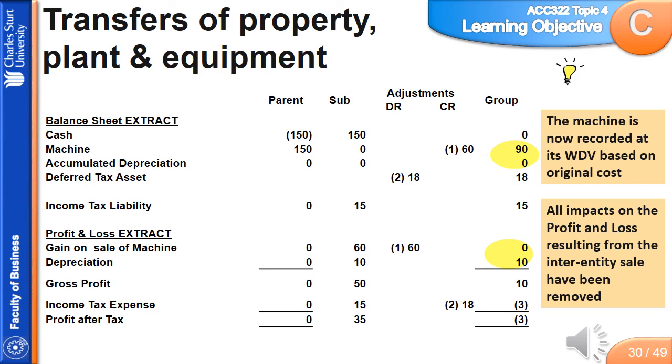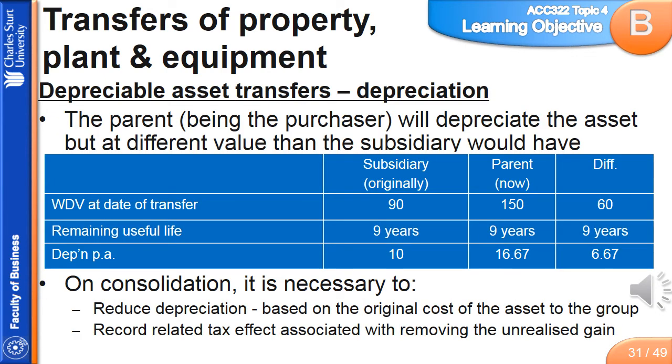We've also reversed the gain completely, and we've still accounted for $10 worth of depreciation that is realized, and also due to that there is 30% of $10, which is $3. That is an income tax expense deduction. You can take that off the income tax expense. That's why it's a credit balance there, as depreciation is an expense, and that means there's less tax to pay on it.